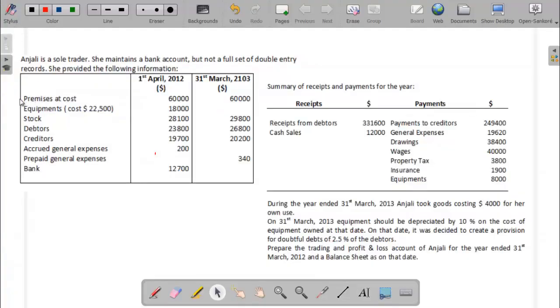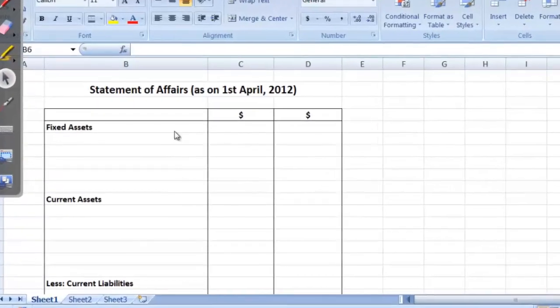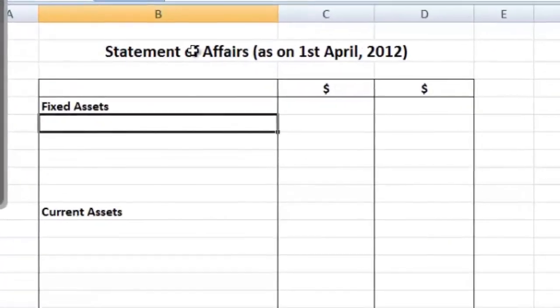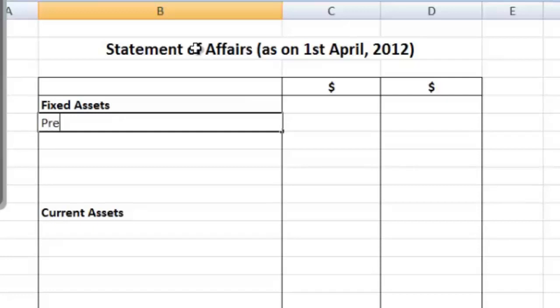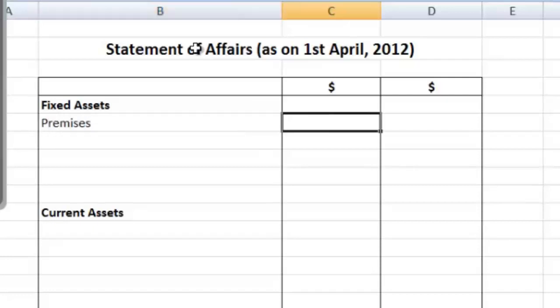See the question. On the first day we have fixed assets, premises, and the value on the first day is $60,000.